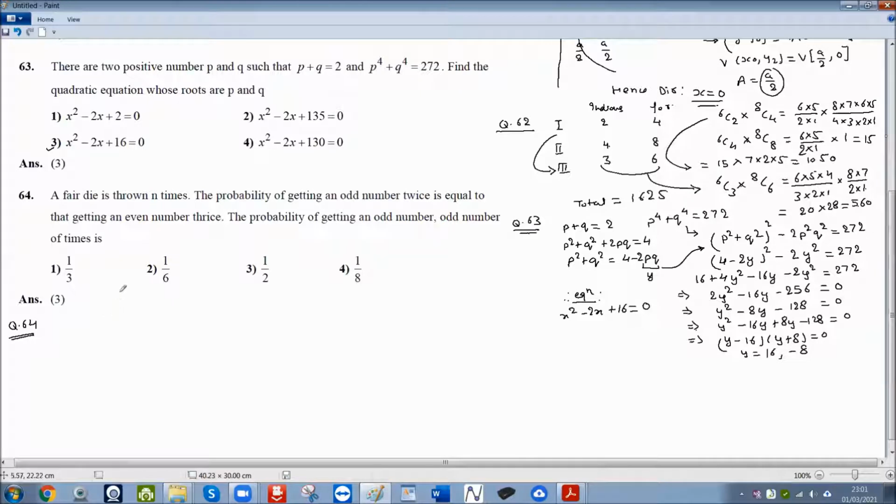Let us say P represents probability of getting an odd number on any throw of die. So this will be 1 by 2. And getting an even number is, let's say, Q. That will also be 1 by 2.